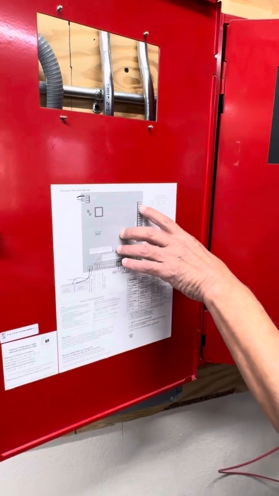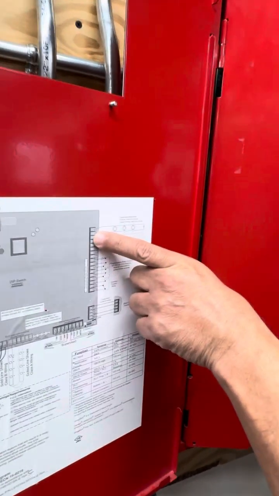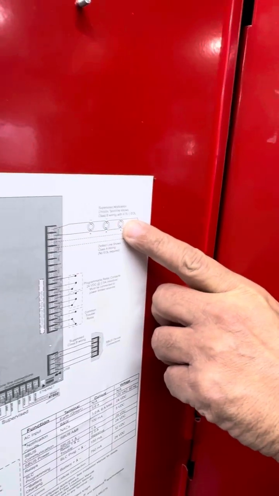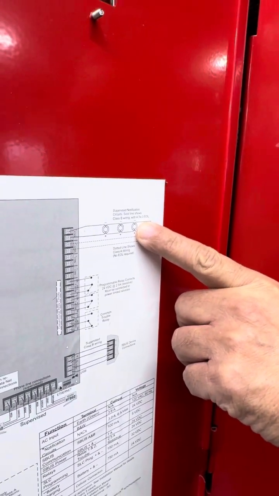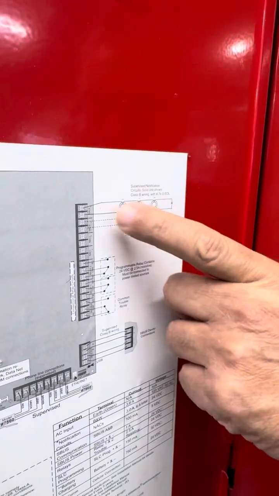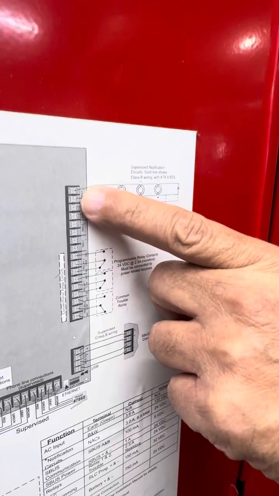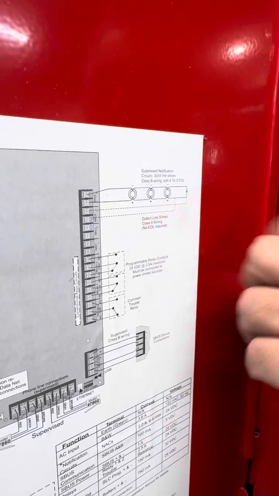Right here, we have the input for the actuators. We have positive and negative. Why? Because all my actuators, smoke detectors, and strobes work with 24 volts DC.